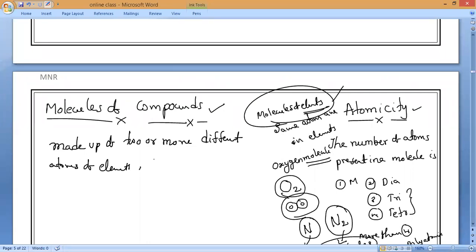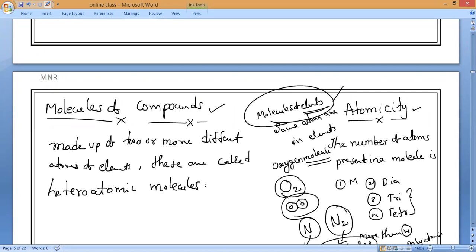That is why these molecules are called heteroatomic molecules. Understood, everyone? If the same kind of atoms, we say homoatomic molecules, but here they have two or more different atoms of elements. That is why it is called a heteroatomic molecule.